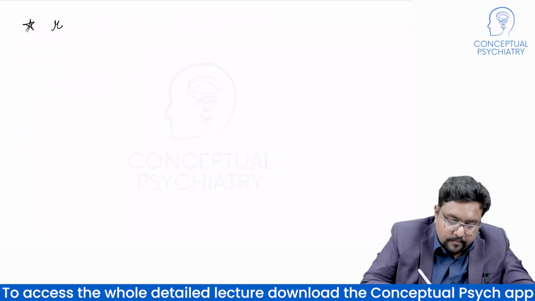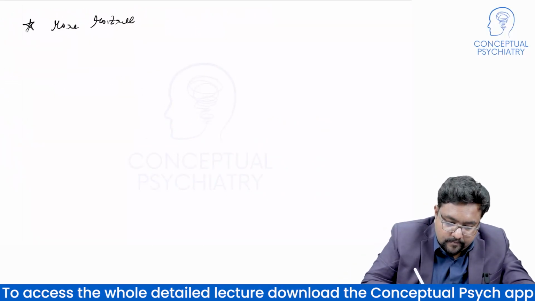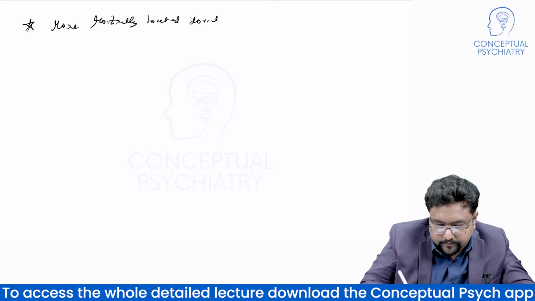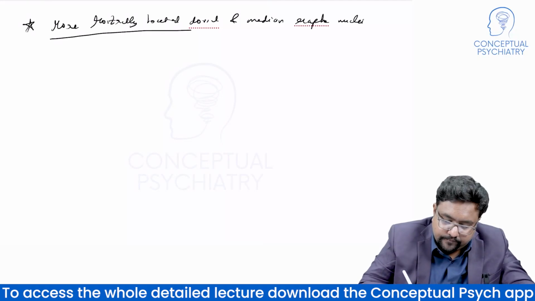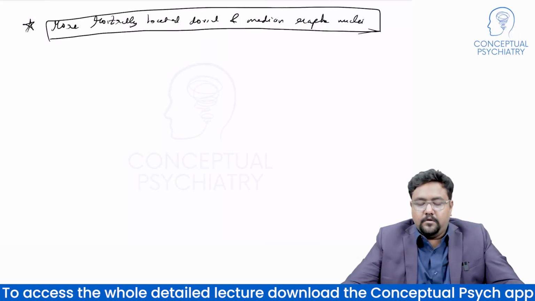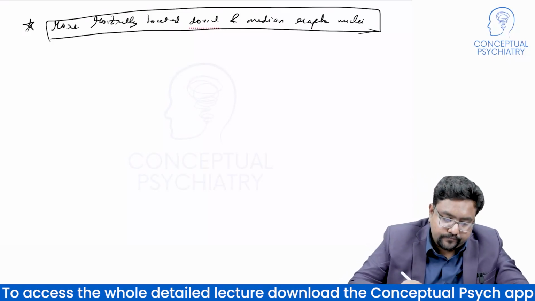Next we have more rostrally located dorsal and median raphe nuclei.